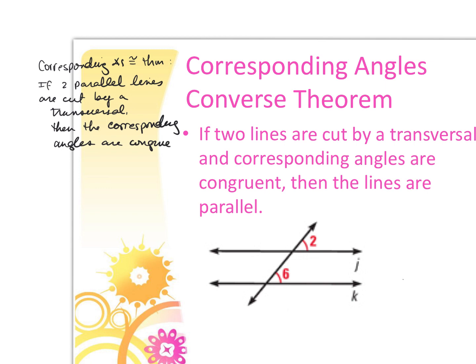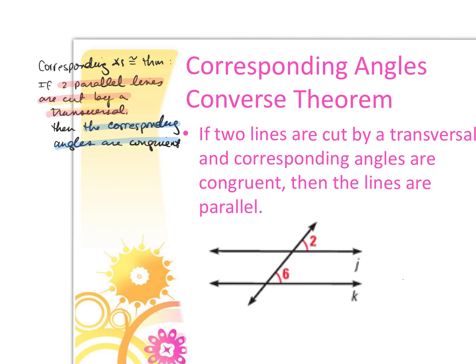So if you notice, the hypothesis here is if two parallel lines are cut by a transversal, and remember that our hypothesis is always in red, and remember that our conclusion is then the corresponding angles are congruent.